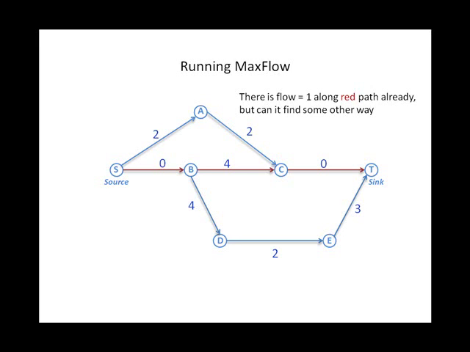Okay. But can we divert this red colored flow to some other path? Yes. There is some other path, S, B, D, E, T. So if we can divert this flow to that path, then we can actually increase the flow along S, A, C, T. Okay.